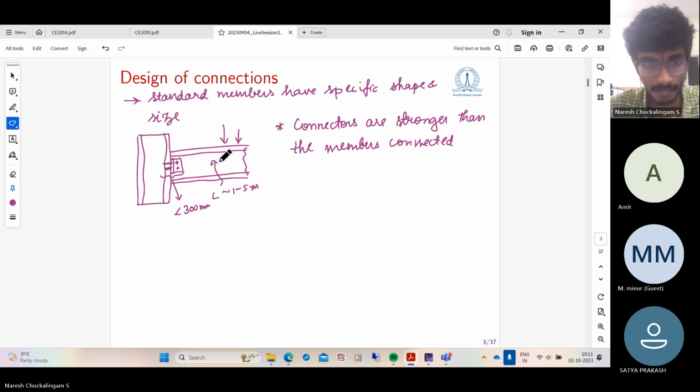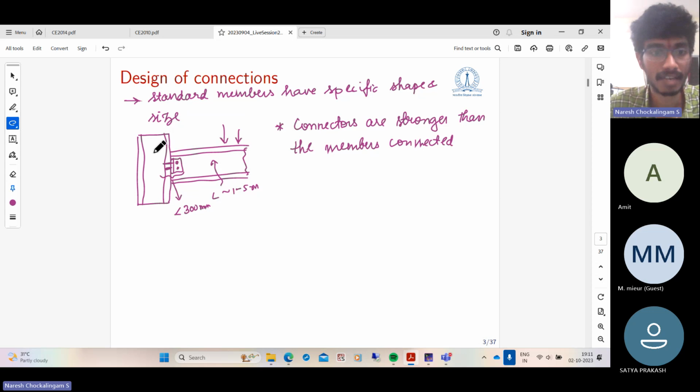When the beam or the structural members connected to a connection undergo yielding, they deflect very large, for a small strain. If you impose a strain of 10%, the member undergoes a displacement of 100 to 500 mm, whereas the connection displaces only by a small quantity.